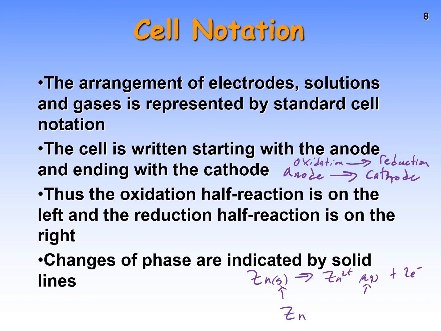So what I'm going to write here for my anode is zinc solid, vertical line, zinc 2 plus, aqueous. And that would be the notation for that half reaction occurring at an anode. Then we have to draw our salt bridge, which we show by doing two vertical lines next to each other, and then we do the cathode after that. And we'll see this on the next slide too.